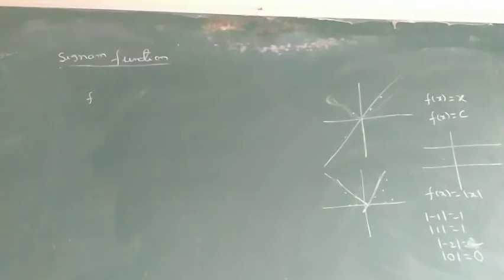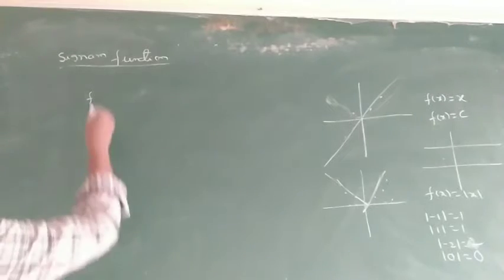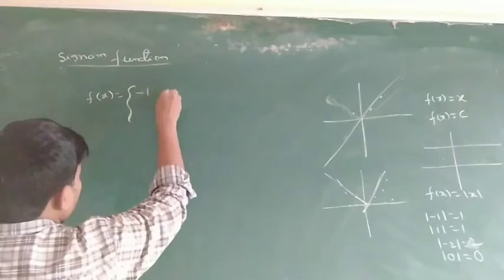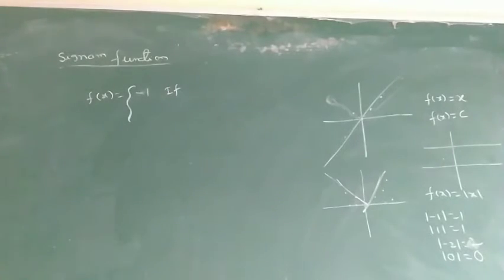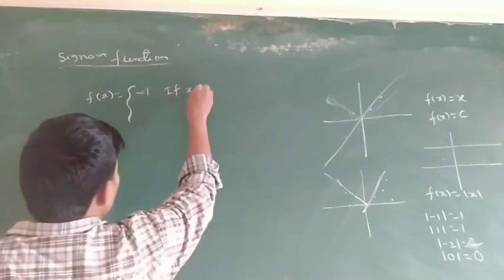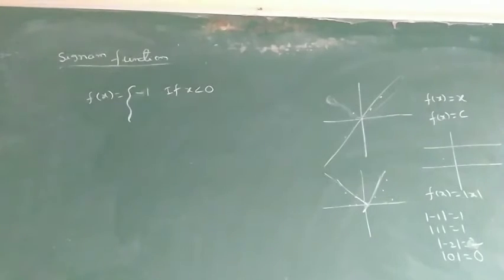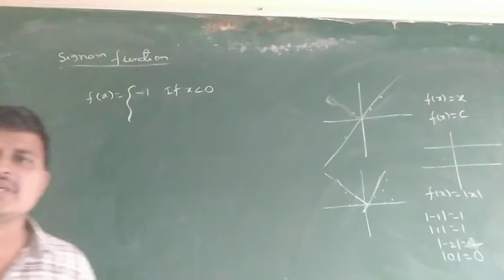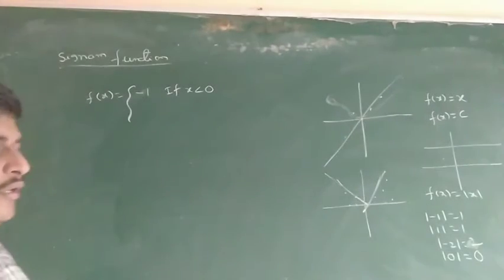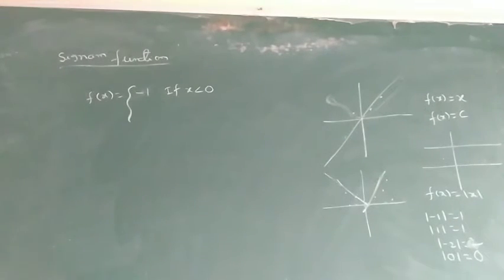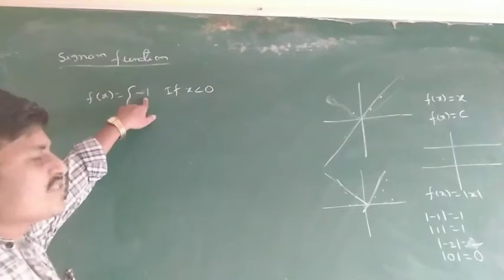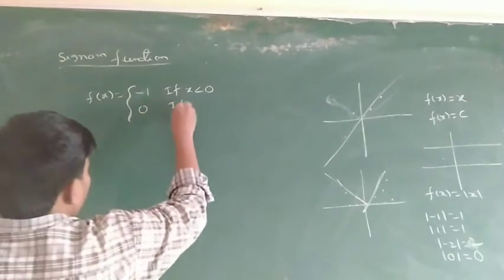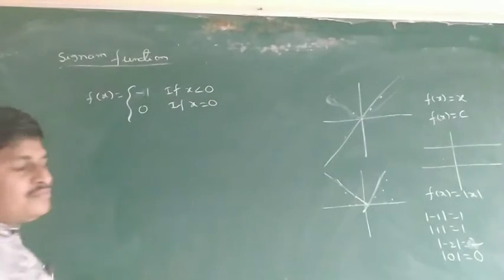Next, signum function. What is the signum function? Definition: minus 1 when x is negative. You take any negative value, minus 1, minus 2, minus 100, minus 1000 or any value, the final result is minus 1. 0 if x is equal to 0.